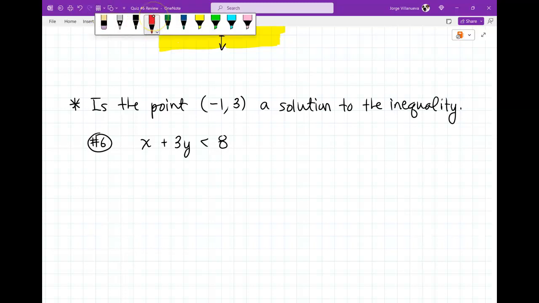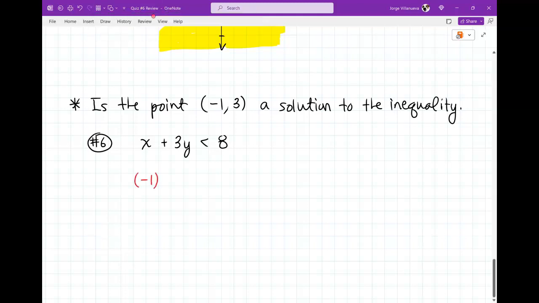So here we go. -1, and I'm just going to put in a parenthesis, plus 3 times 3 is less than 8. Well, -1 plus 9 gives me 8 is less than 8. Is that true or false?